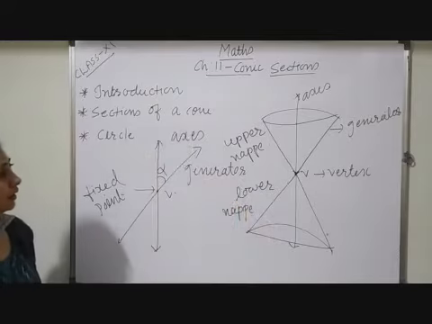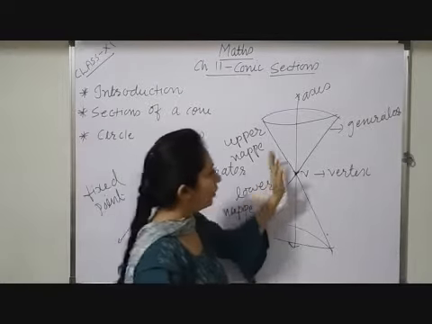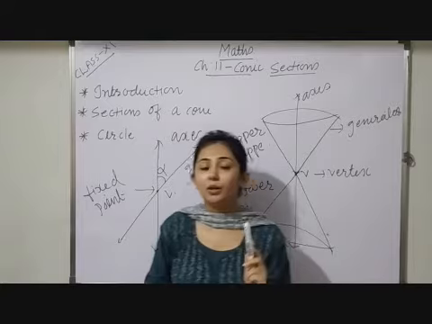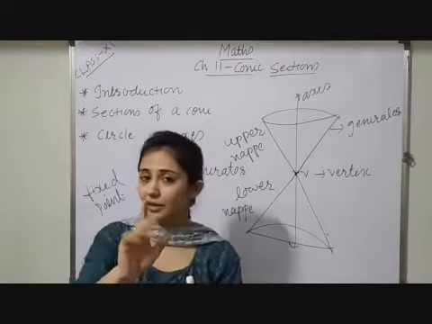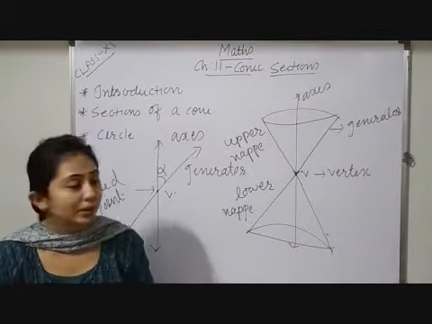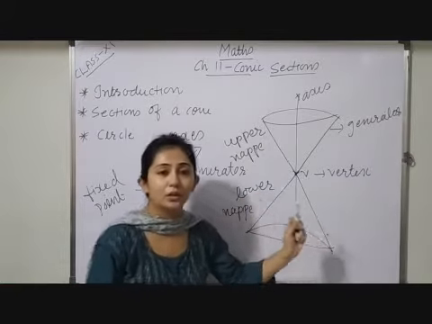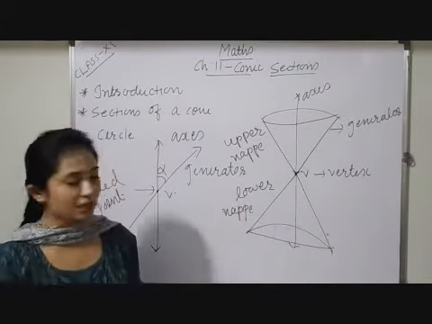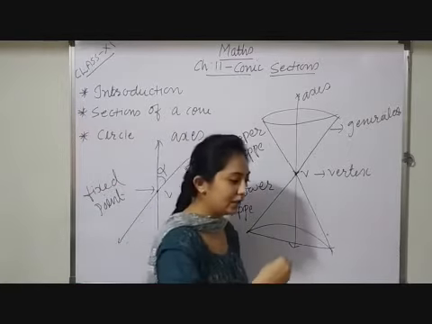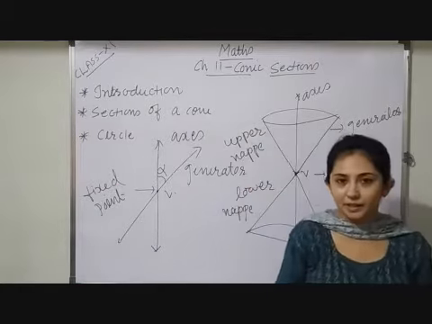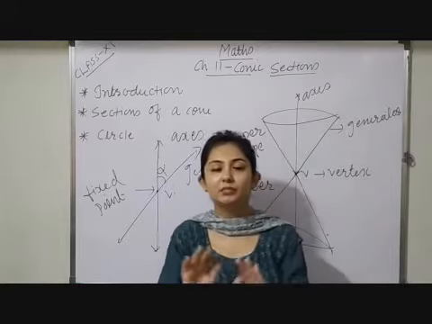So here I obtained a cone. How did I obtain it? By a fixed line and a generator. Now what I will do in this diagram is cut this cone. In proper mathematical language, you are familiar with the word plane.